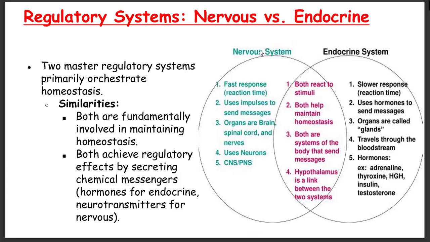Now, what are some of the differences? We're going to find that the nervous system is faster in response, which means it takes a short period of time for the nervous system to detect the change in the internal environment.